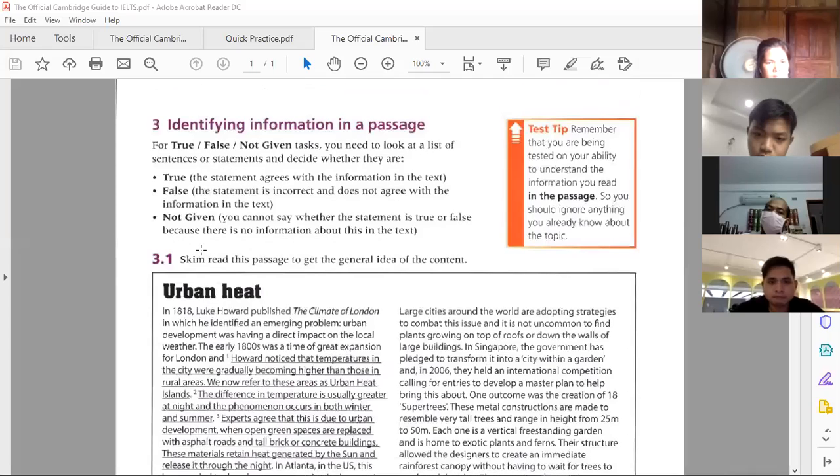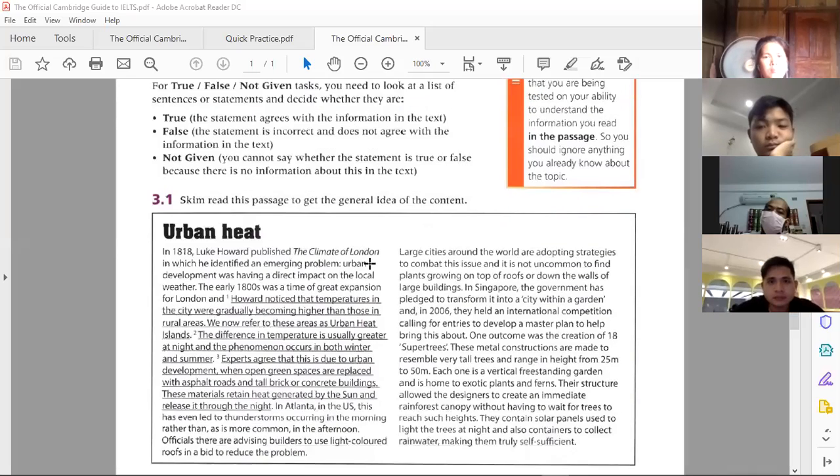Okay, right here. So true, false, not given. They explained right here already. The test tip is remember that you are tested on your ability, not on your understanding of the passage. So if there are any words that you don't know, just ignore that. First thing first, skim this passage. What does skim mean? Read slowly or read fast? Fast.